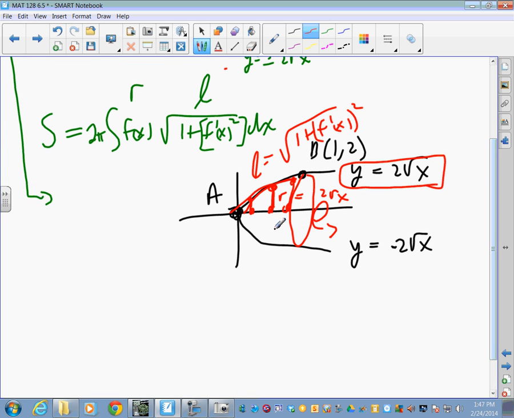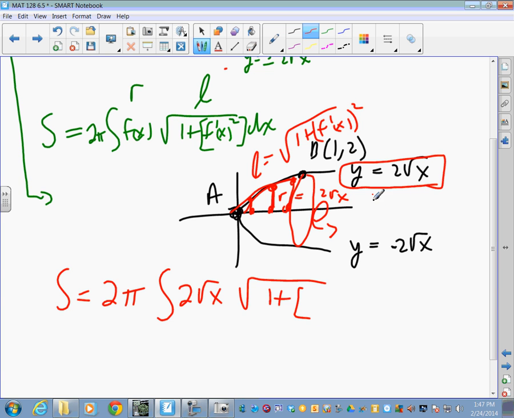So, there's my picture. Here comes my integral. 2 pi, 2 root x, square root of 1 plus the derivative. That'd be a half times 2, wouldn't it? 2 times a half, x to the negative half, or 1 over the square root of x.